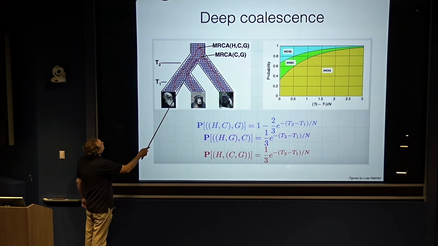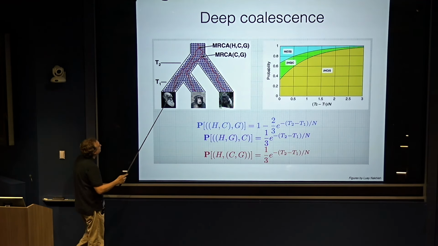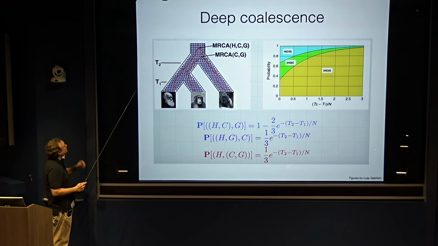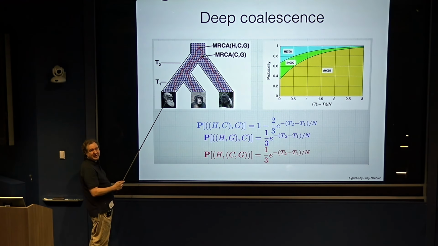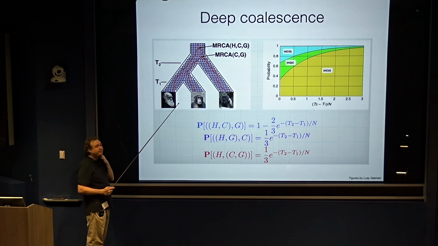And so you ended up with these two meeting first, and so forth. This is an example of what's called incomplete lineage sorting, and it creates this discordance between the gene tree history and the population history.